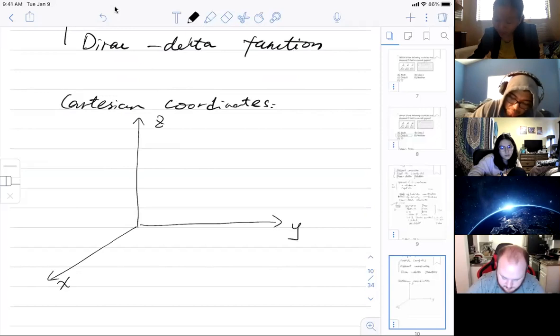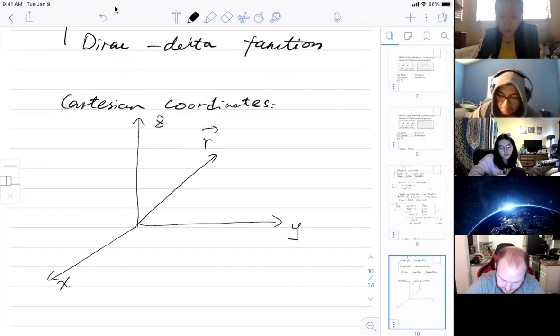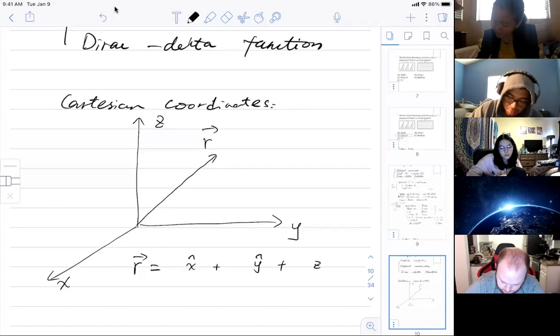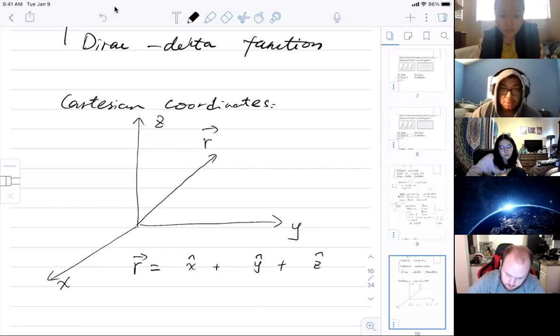Okay. And I have a vector r. So how do I represent vector r using x hat, y hat, and z hat? So vector r is equal to something x hat, something y hat, and something z hat, right? So how do I represent this vector r?